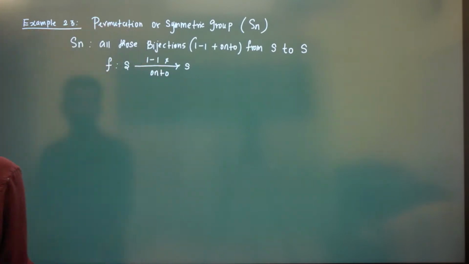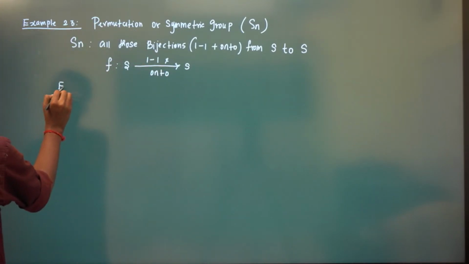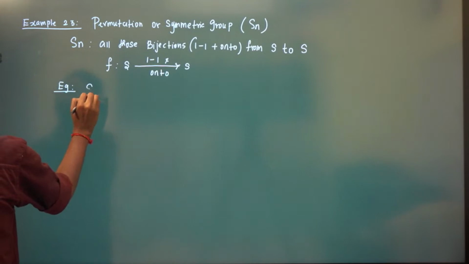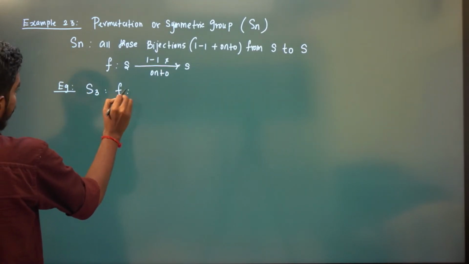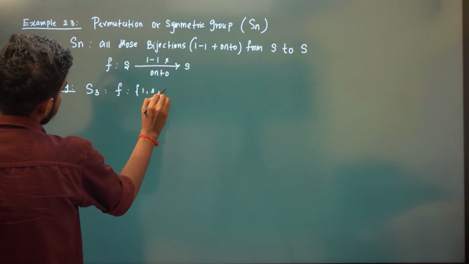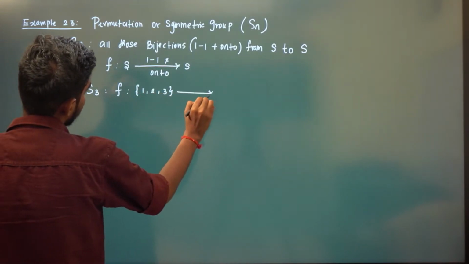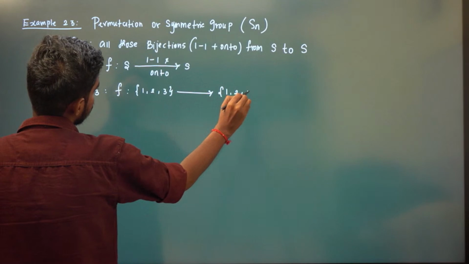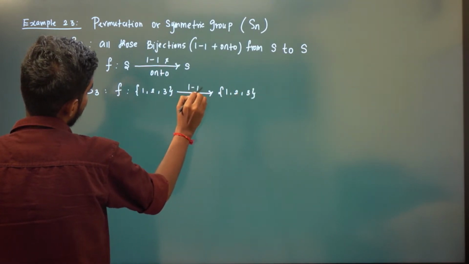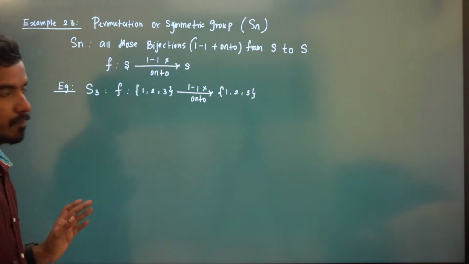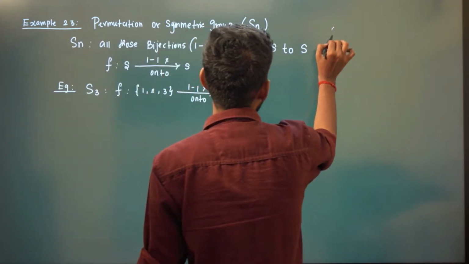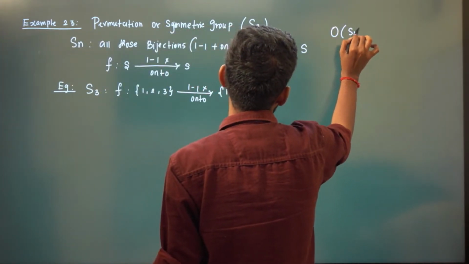I'll give you an example. So S3 is all those one-to-one mappings from a set of 3 elements to a set of 3 elements. It has to be one-to-one and onto. So you always remember, order of Sn is n factorial.